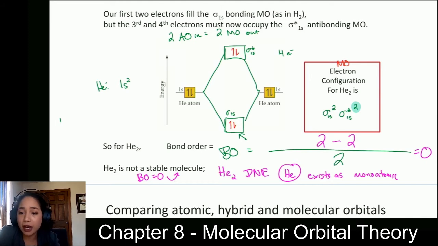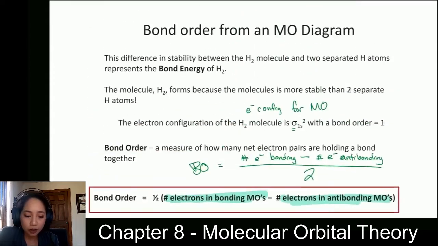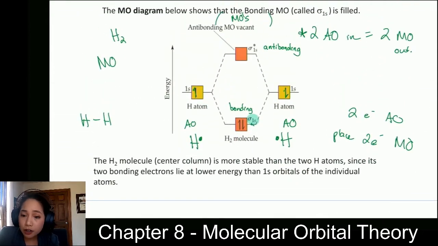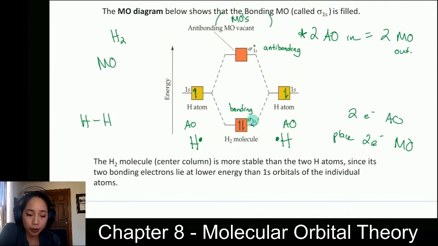We don't get any energy payback or any stability by making a diatomic molecule like we did for hydrogen. When we made diatomic hydrogen, we do make a stable molecule because the bonding orbital, where all of the electrons are, is in a more stable configuration than just hydrogen atoms as monoatomic atoms.